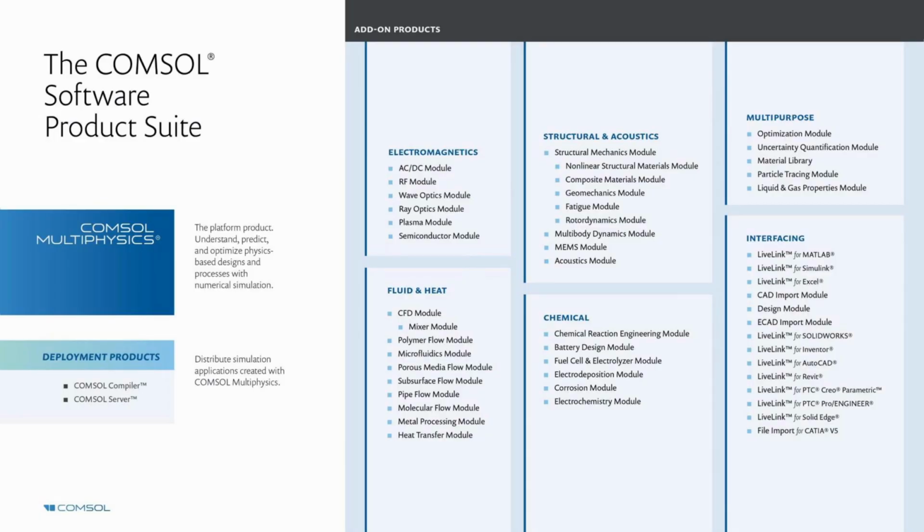This is the current product suite that we are looking at. We have 4 different physics areas grouped into electromagnetics, structural and acoustics, fluid and heat, and chemical reactions. This covers our major physics phenomena, and there are so-called multi-purpose modules like the optimization or the particle tracing module.